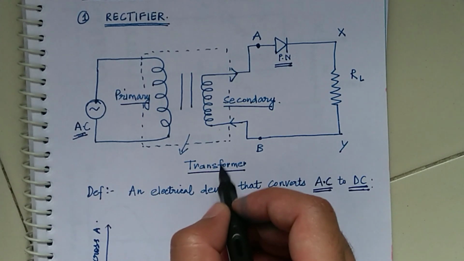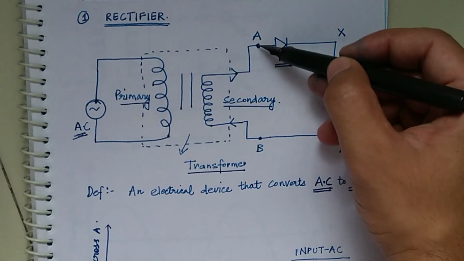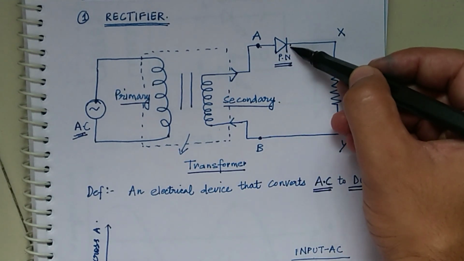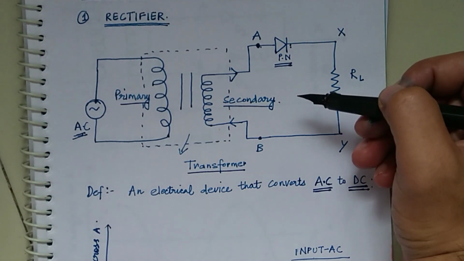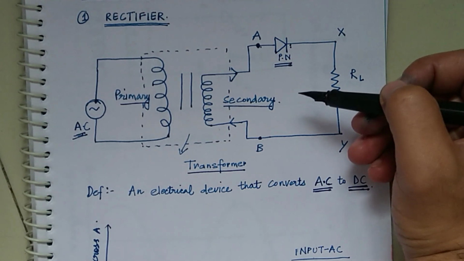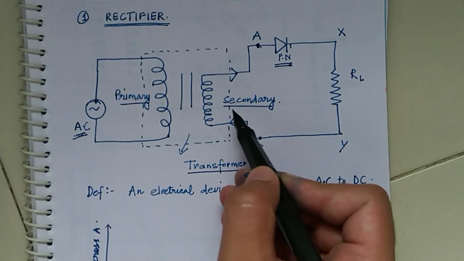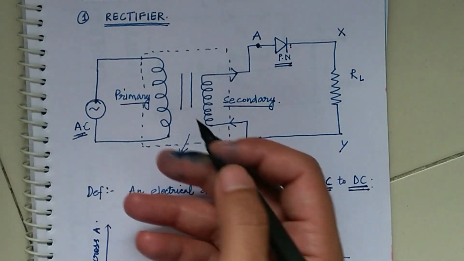We are using a transformer in this rectifier setup because we need voltage according to our needs. We have connected a diode over here, so we have to look at the amount of voltage. It should be within our permissible limits. That's why we have used the secondary winding, so that we can adjust what kind of voltage we need.